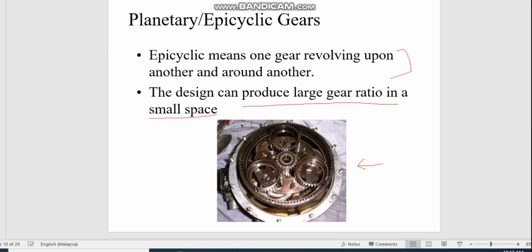For example, on the automatic transmission system, you're talking about minimum four gear ratios, gear one until gear four, and then maybe you have one reverse gear. So in order to achieve those kind of gear ratios in a very compact space, epicyclic gear has been utilized quite widely.